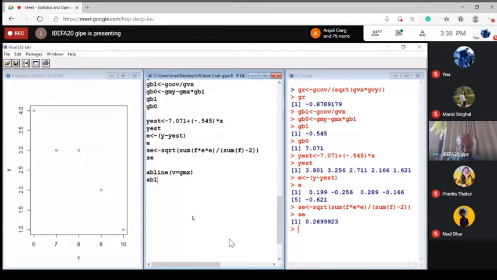AB line, horizontal, equal to GMY. Colors also you can choose. So this is not new. Data appears in a different form.